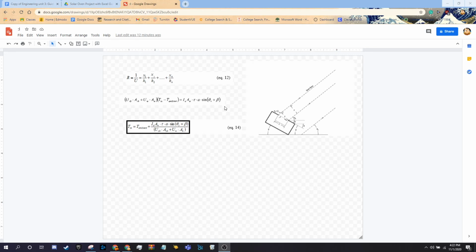So we're basically looking for the internal temperature of the oven after it reaches a thermal equilibrium. Algebraically solving for T in your equation, you get this equation.